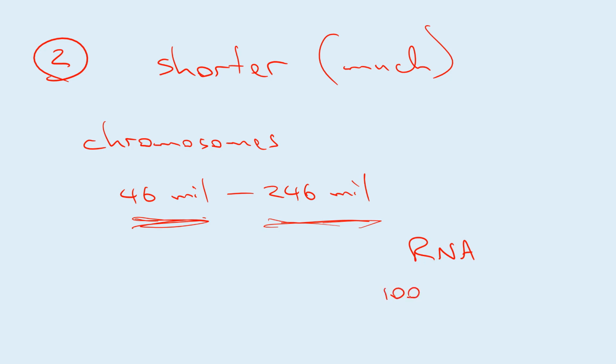RNA is about from 100 to 10,000 bases long. Okay, so it can get quite long. 10,000 bases, that's still quite a long molecule. There's a lot of code in there, but it's so much shorter than DNA. So that's another way that RNA is different from DNA.